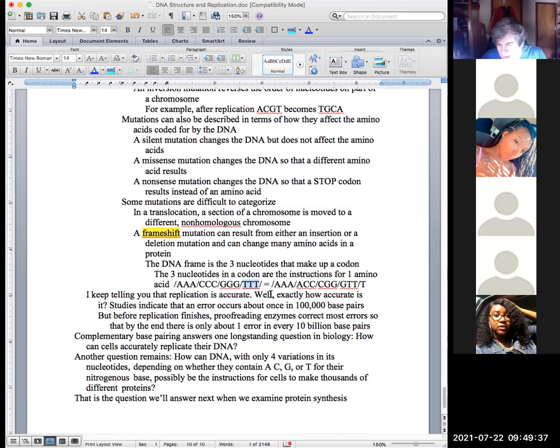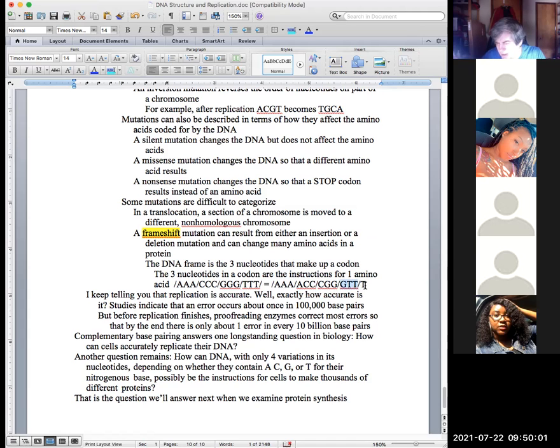But if you have an insertion, suppose we put an extra A in here. Now when the ribosome is reading 3 nucleotides at a time, it reads AAA. And since we put a 4th A in here, now the next 3 nucleotides are ACC. And the next 3 are CGG. And the next 3 are GTT.